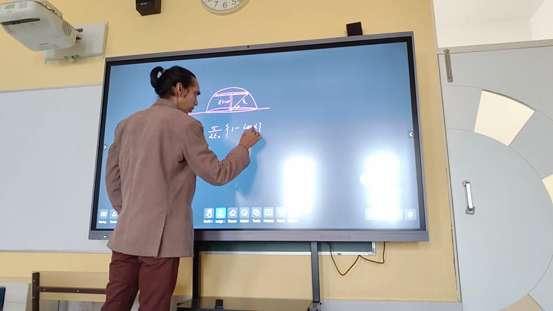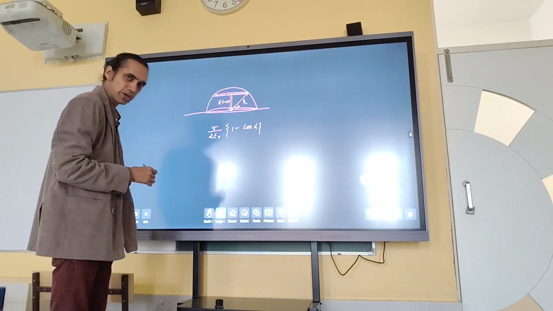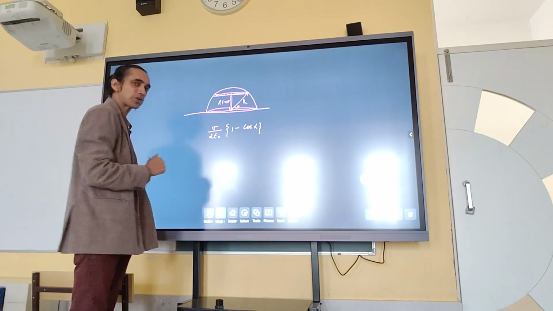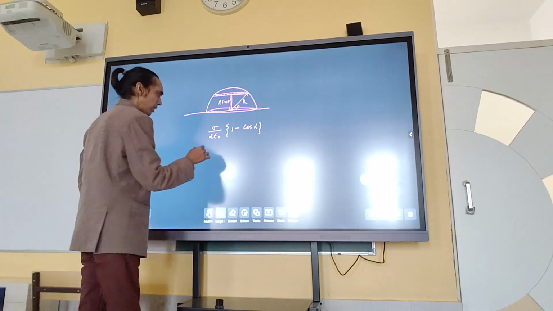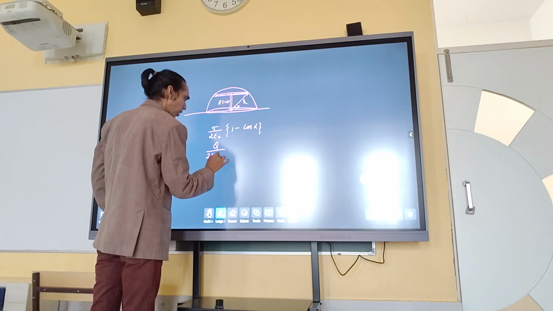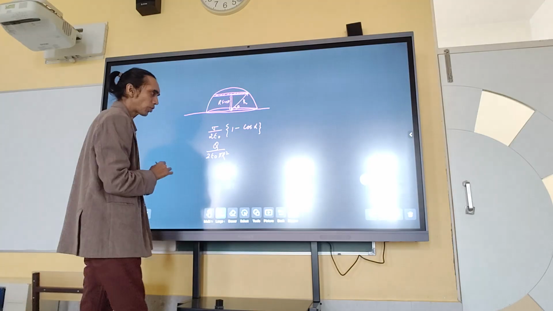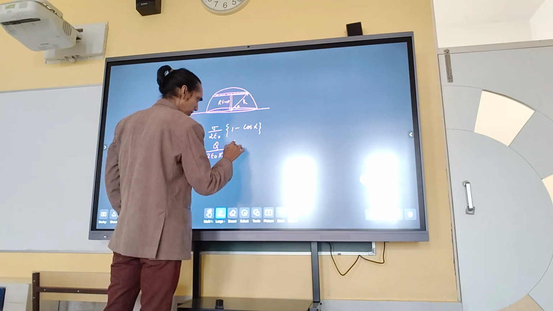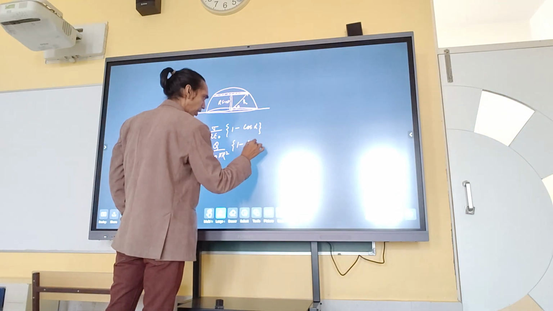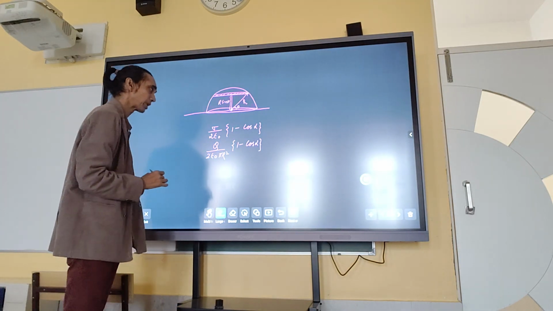Let me write it in terms of charge then: Q divided by twice epsilon naught into pi r square, where r is the radius of the ring, 1 minus cos of the angle alpha. Please remind yourself of the angle alpha, the half angle.